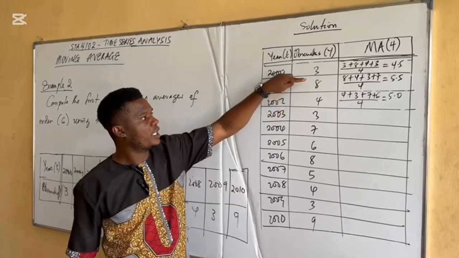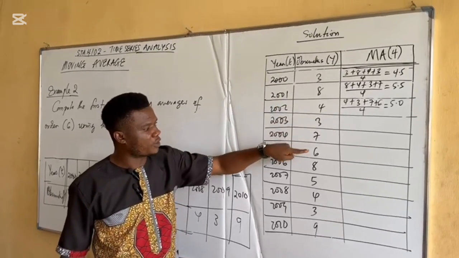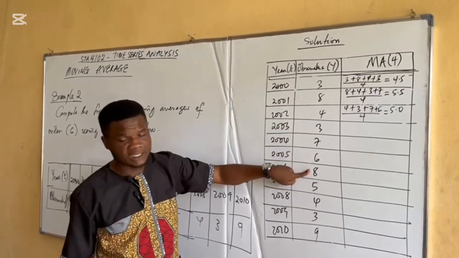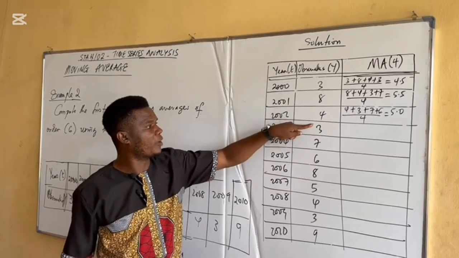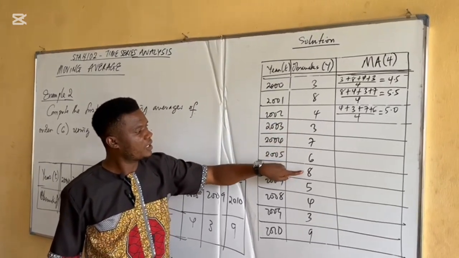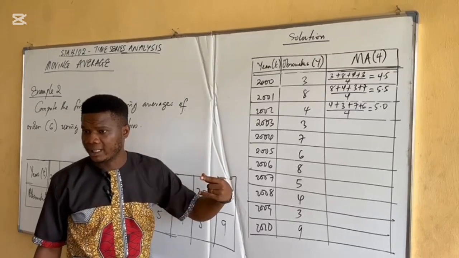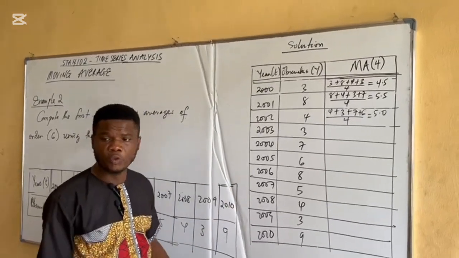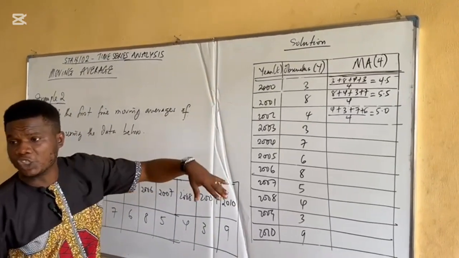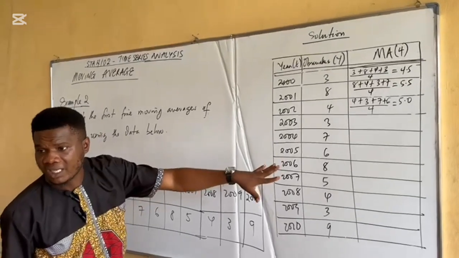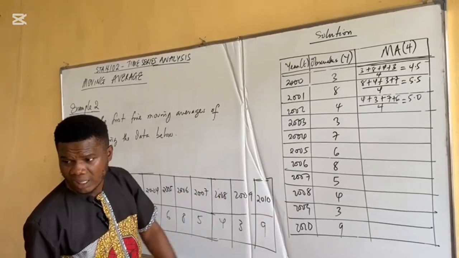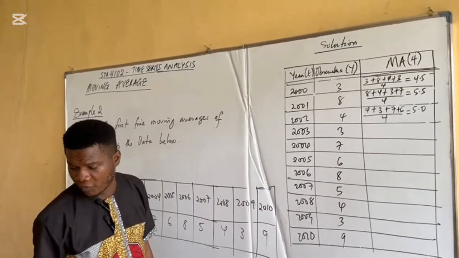Then 8 plus 4 plus 3 plus 7 plus 6 plus 8 divided by 6. Then 4 plus 3 plus 7 plus 6 plus 8 plus 5 divided by 6. You go in that manner, and that will give you the moving averages of order 6. I don't think it's difficult, and it shouldn't be difficult for you to do.